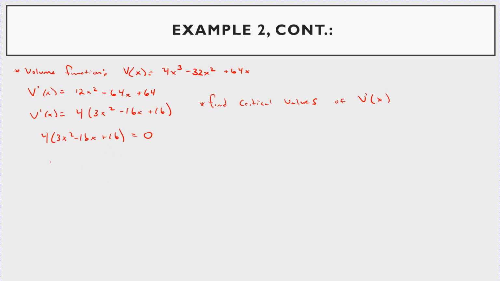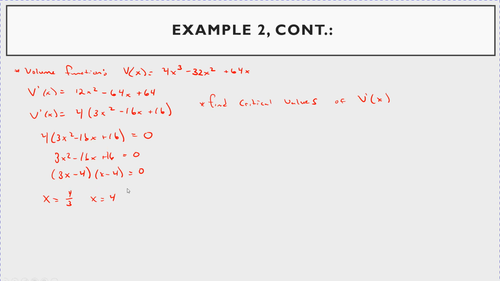That goes away, so you're left with 3x squared minus 16x plus 16 equals 0. You can do this on your own, but this is a very simple trinomial that factors into 3x minus 4 times x minus 4 equals 0. So you have two solutions. Set the first equal to 0 and you get x equals 4/3. Set the second equal to 0 and you get x equals 4.